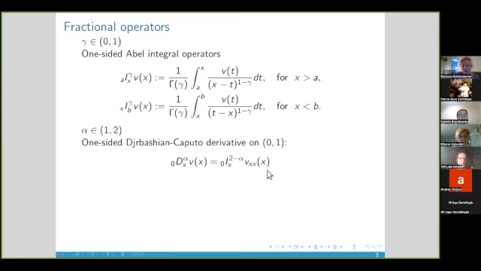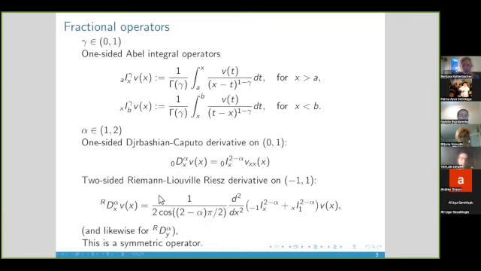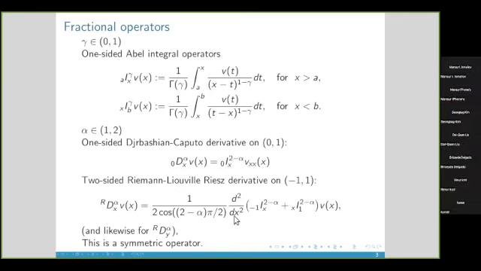We will also look at a two-sided version, and actually a symmetric version, which is of Riemann-Liouville type, in the sense that we first integrate and then differentiate. The way we have posed the boundary conditions to be 0, this is still compatible. So what we do is this symmetric type of doing both types of Abel integral operators and then doing the second derivative.